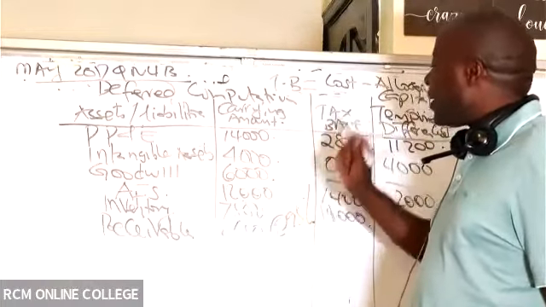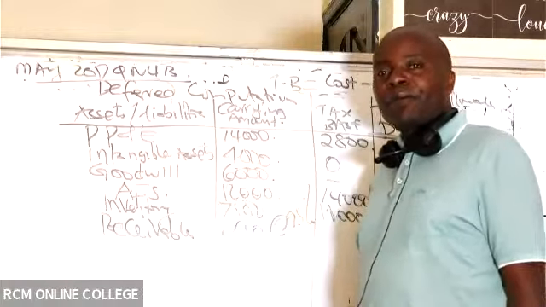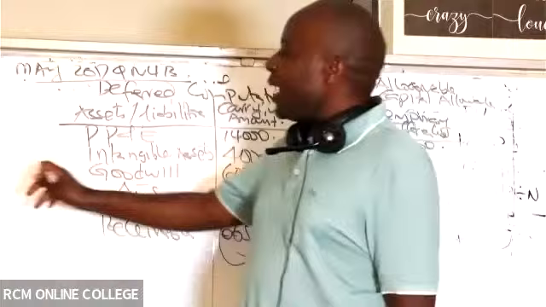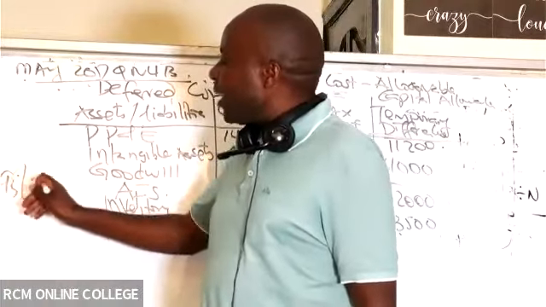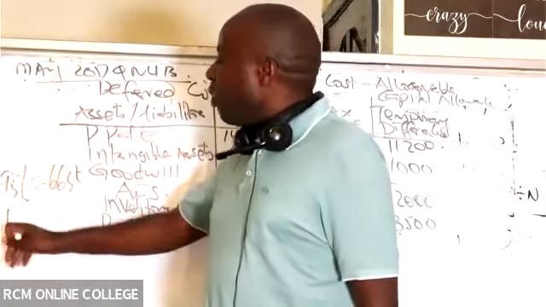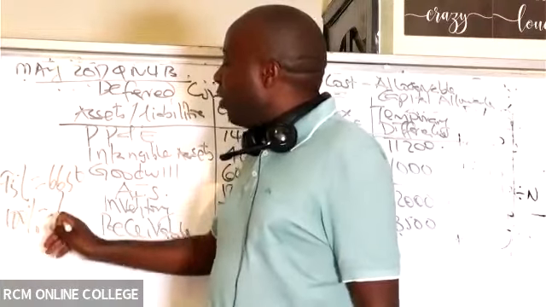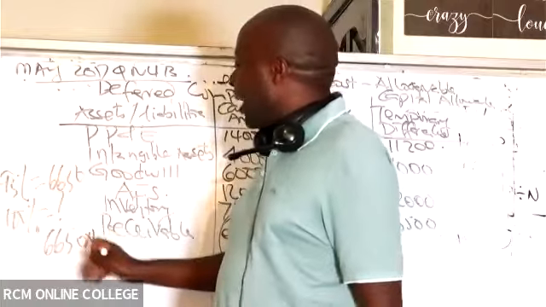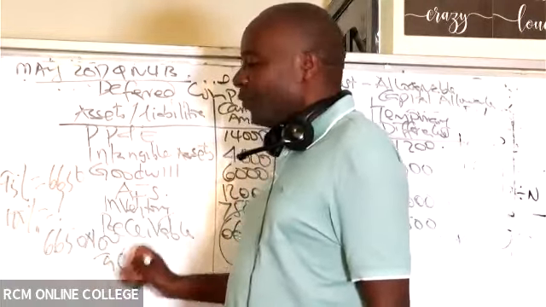The taxman wants it at 100%. So if 95% equals 6650, how about 100%? It will be 6650 times 100 over 95.